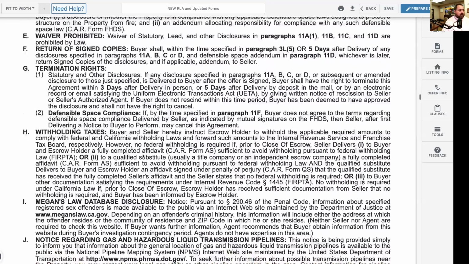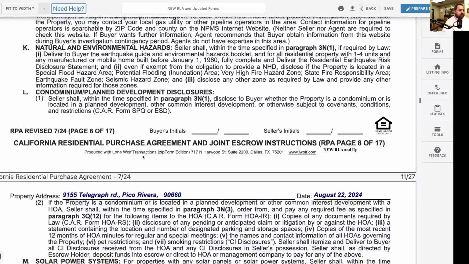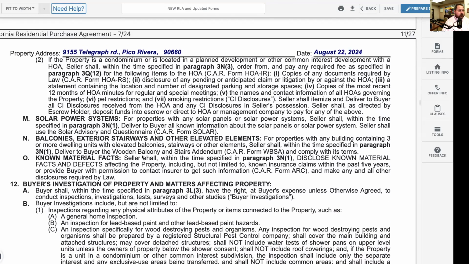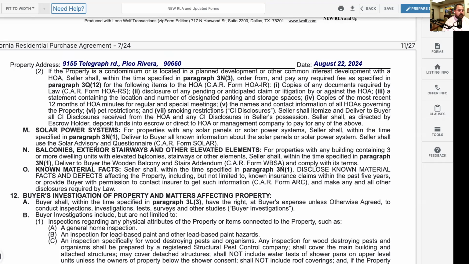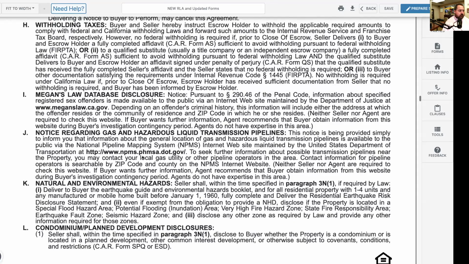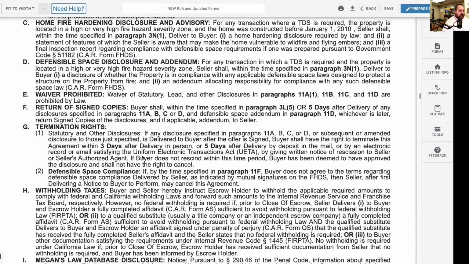One of the things that I wanted to jump down to so that you guys can see, where is it? I'm missing the section with the time. Right here.